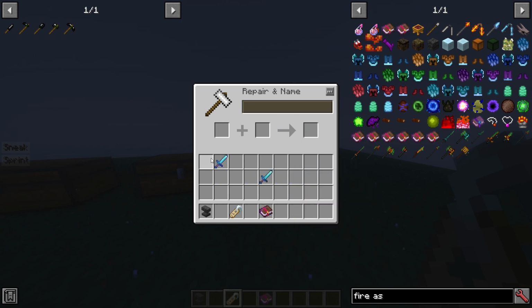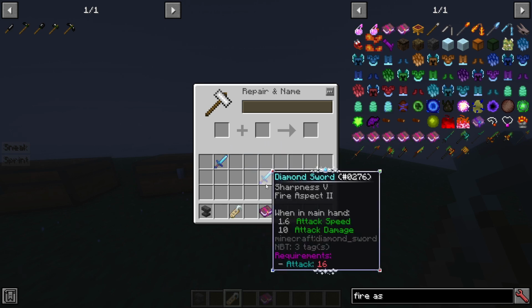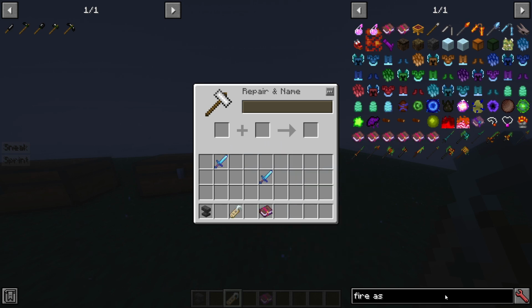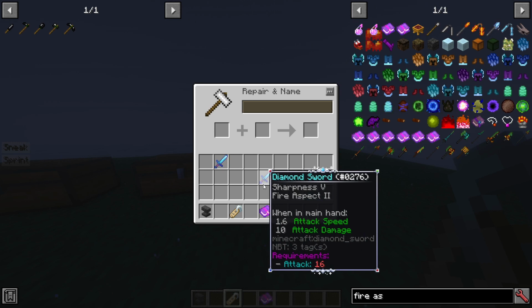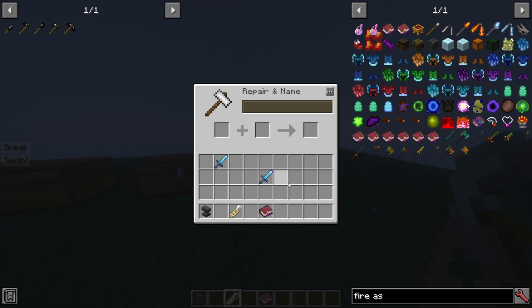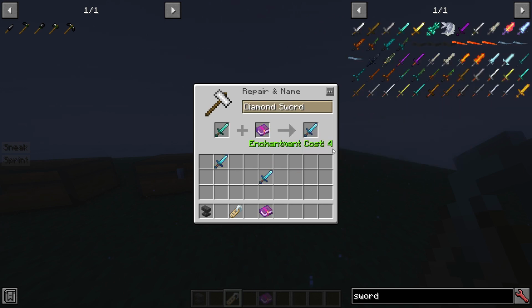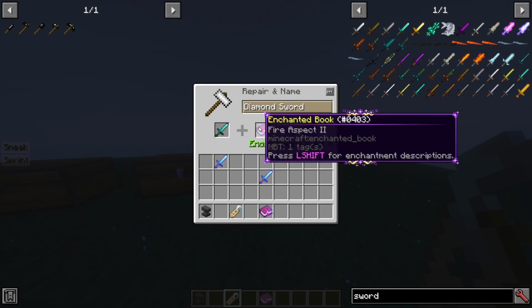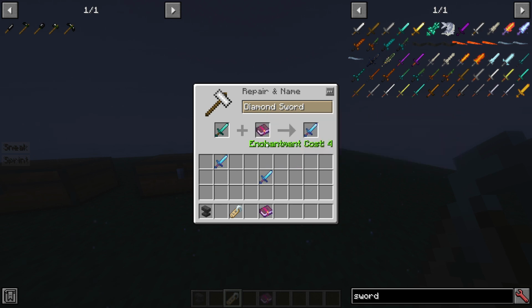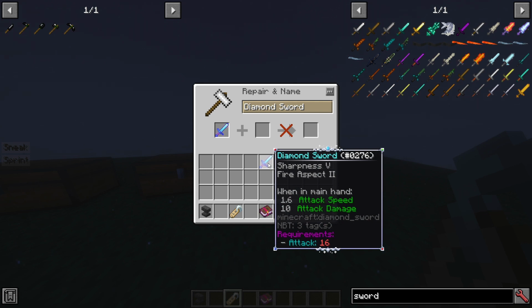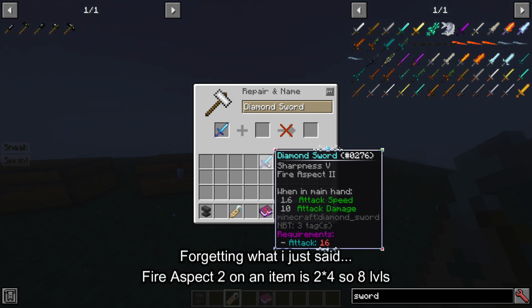So what happens if we combine those two? First of all, fire aspect is rare, I think. Let me check. Yeah, it's rare. So it's a multiplier of 2 on a book, so a multiplier of 4 on an item. So if we do this, we definitely pay 5 levels for sharpness and 4 levels for fire aspect, so that's 9 levels.